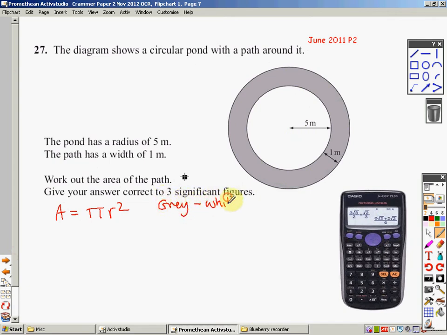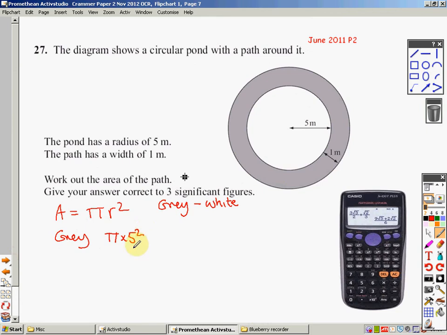You may be lucky and pick up a mark for that, just for knowing what to do, even if you can't actually do it. So I'm now going to work out the grey one. And the grey one is twinkle, twinkle, little star, pi r squared. So r is 5, so it's pi times 5 squared.